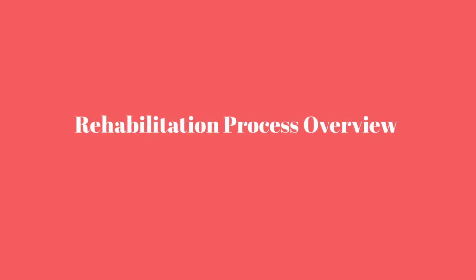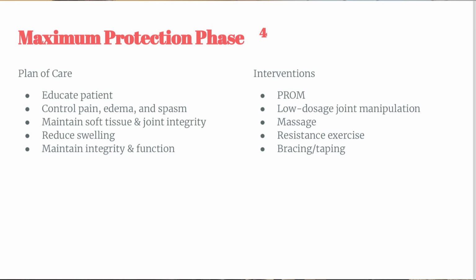So the rehab process. For the maximum protection phase, if signs of local inflammation are present, you'll treat it as an acute condition with just rest and appropriate modalities. Stress relief can be achieved by immobilization in a cast or orthosis of the foot with it slightly plantar flexed, or a temporary heel lift, a shoe orthotic, or some taping.